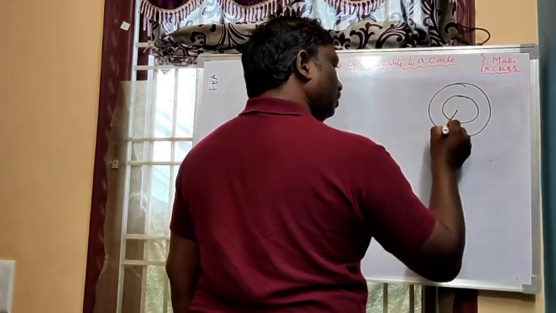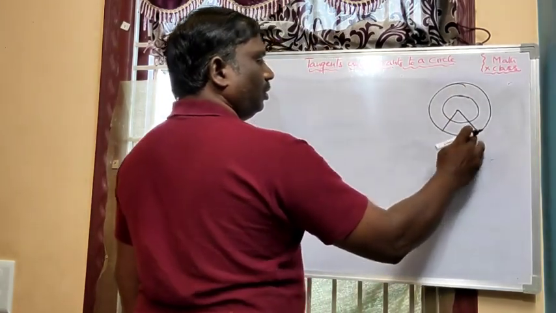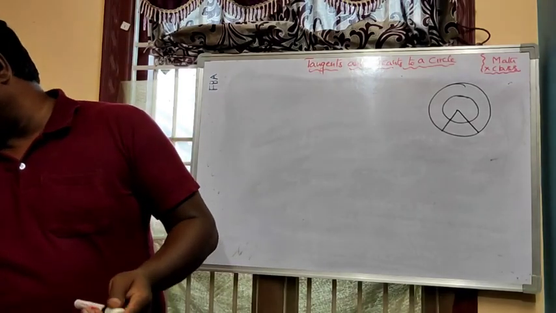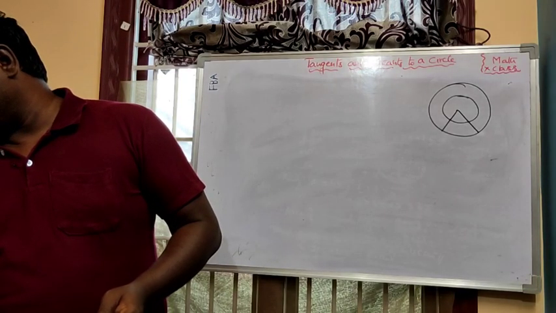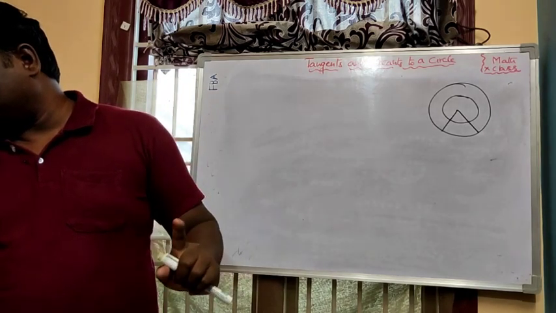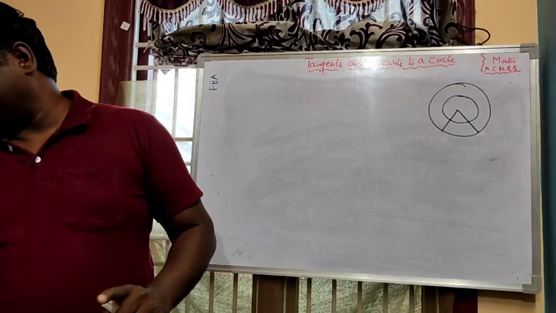From these two concentric circles, two radii they give: circles of radii 21 centimeter and 7 centimeter with center O. Angle AOB is 30 degrees.